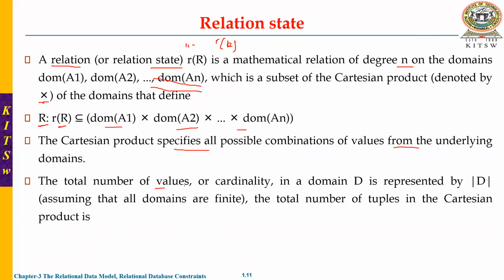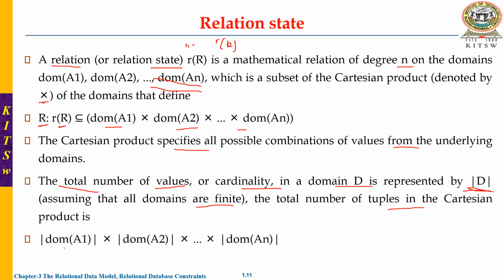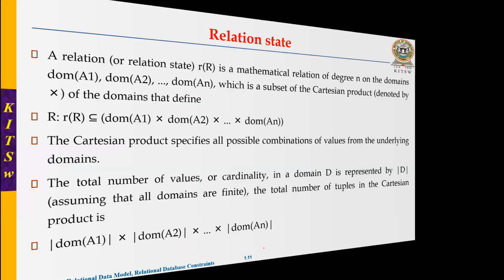The total number of values, or cardinality, in domain D is represented by a pipe symbol of D, assuming that all domains are finite. So the total number of tuples in the Cartesian product will be domain of A1, domain of A2, and so on, domain of AN, all the Cartesian products.